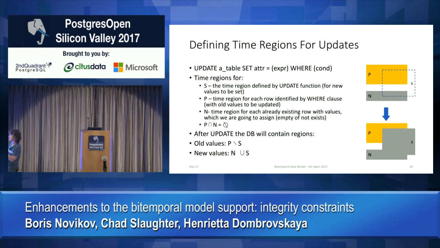If as a result of the update we return the values which are already present, then we need to put all these time regions together. After the update, the database will contain two time regions: one will be region P minus region S, those will be the old values, and S plus N, those will be the new values. So you can see now that they are very far from being rectangles.